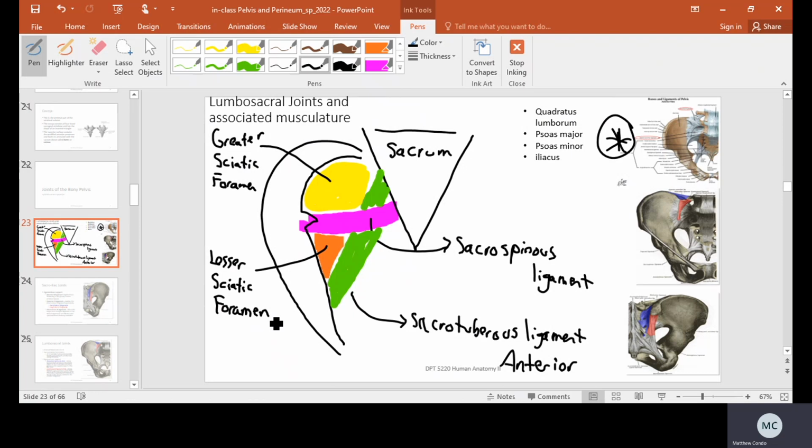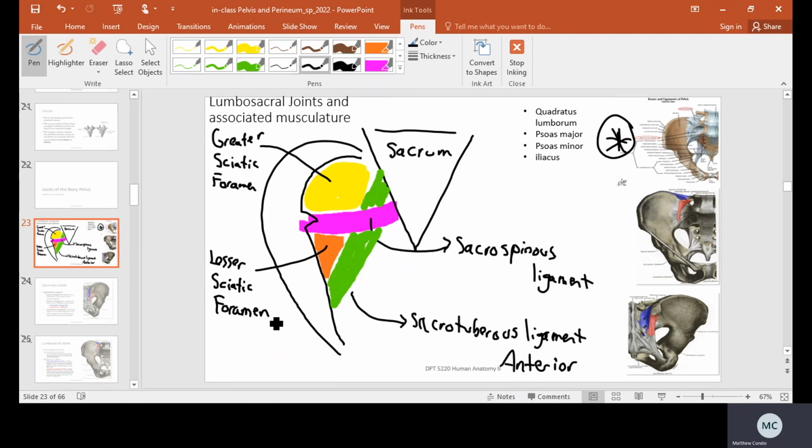So greater sciatic foramen is going to be the negative space, aka the hole, superior to the ischial spine. Okay, so we already kind of talked about these anatomic areas, right? Remember triangular space, quadrangular space, triceps hiatus, remember all that stuff? And remember we talked about location, borders, all that stuff, right? So think about what my borders are going to be here.